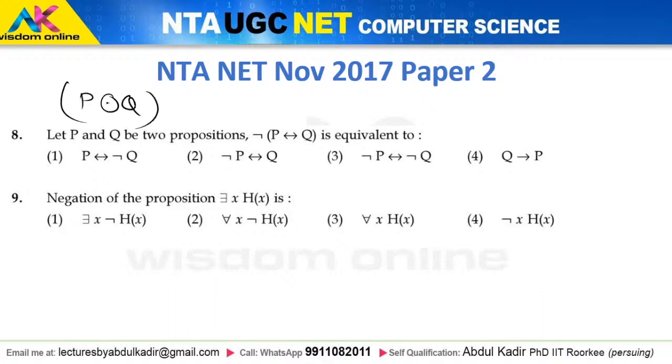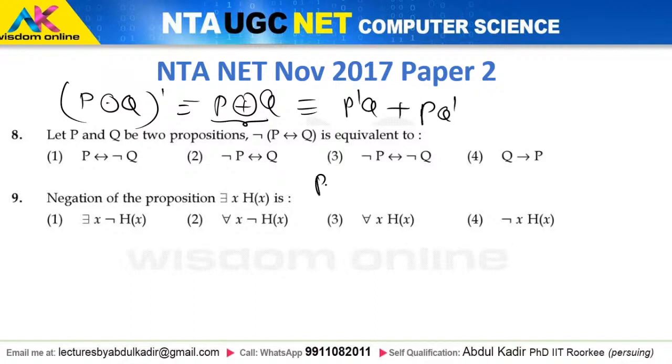P XNOR Q complement. What is this P XNOR Q complement? This is nothing but P XOR Q. This P XOR Q you can also write like this: P dash Q plus PQ dash. Similarly, this P XNOR Q you can write like this: P dash Q dash plus PQ.